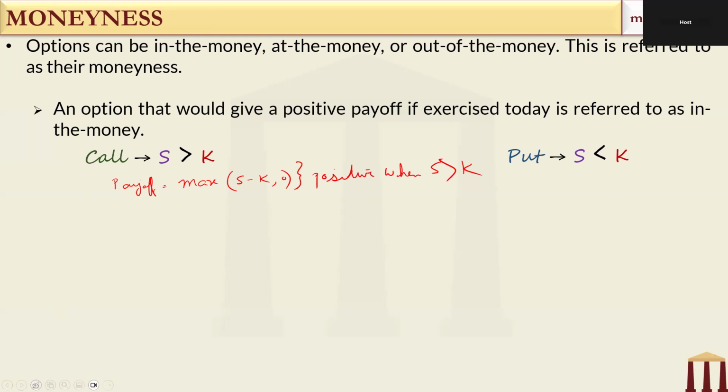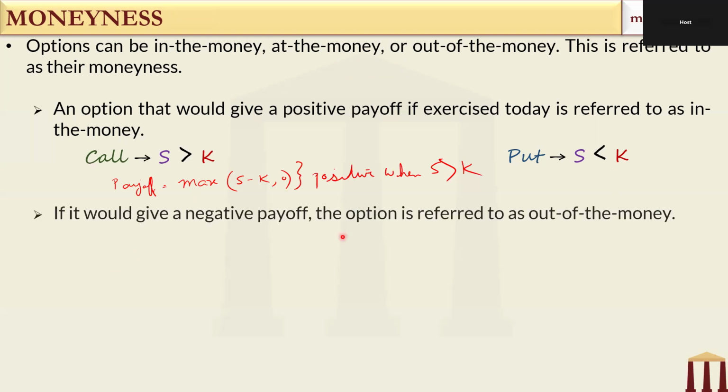Next, if it gives a negative payoff if exercised, we don't exercise the option, but theoretically, it means that it is out of the money. Looking at the expression max(S minus K, 0), only if S is less than K will S minus K be negative, so the payoff will actually be 0.